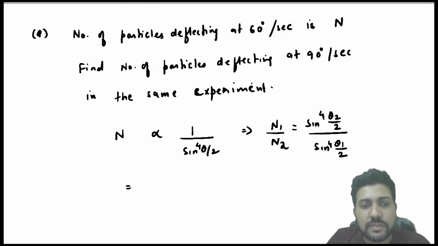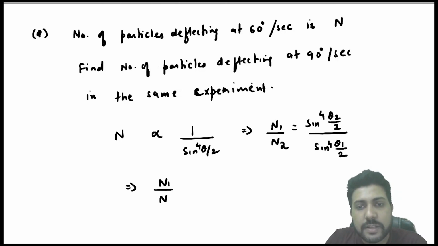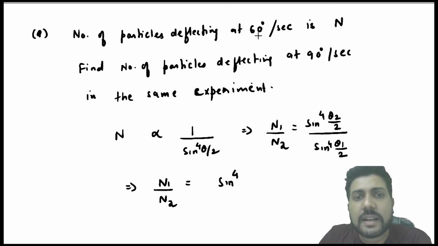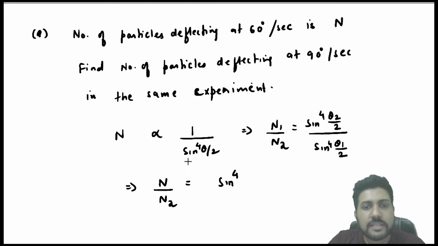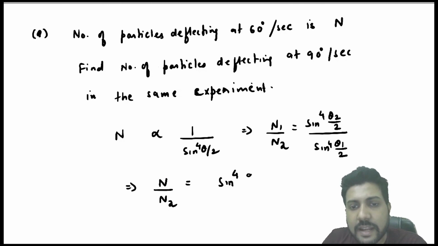Now initially the number of particles deflecting at 60 degrees. So the initial angle is 60 degrees and the final angle is 90 degrees, right? And initially the number of particles deflecting is N. So I will write N by N2 is equal to sine power 4 90 by 2 divided by sine power 4 60 by 2.